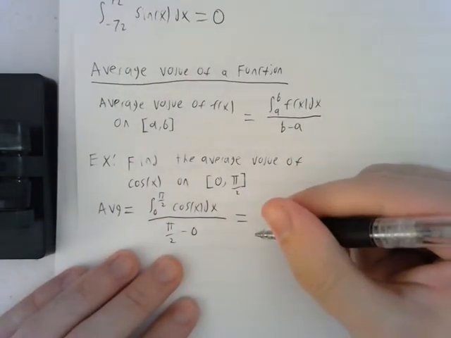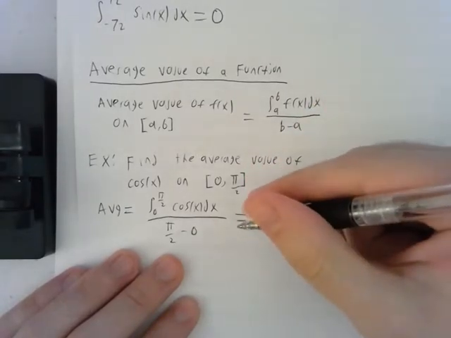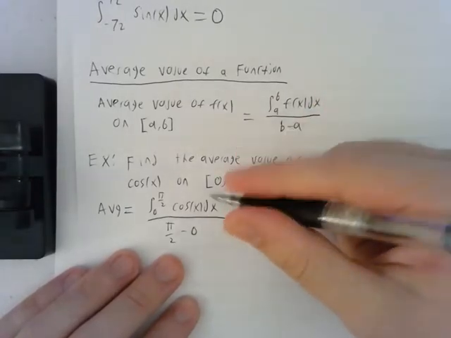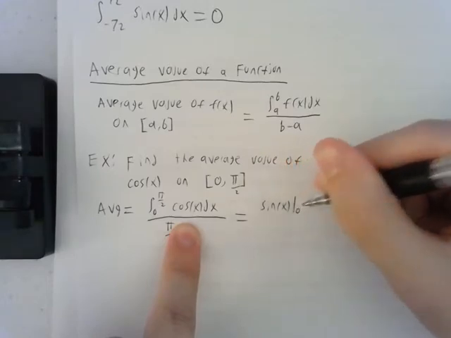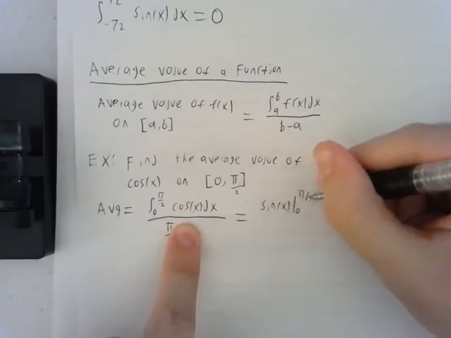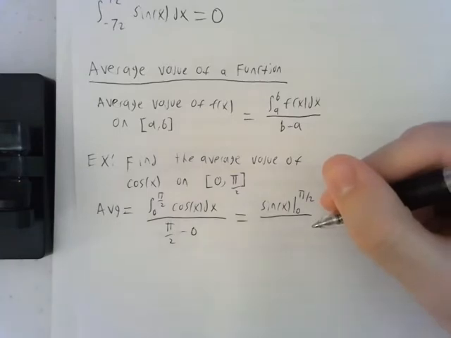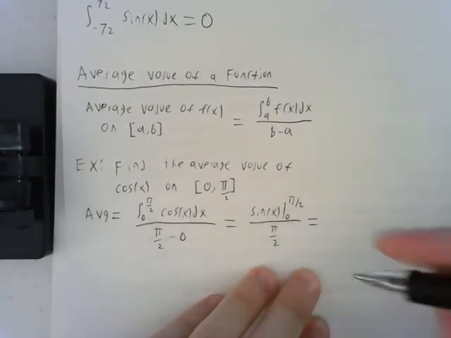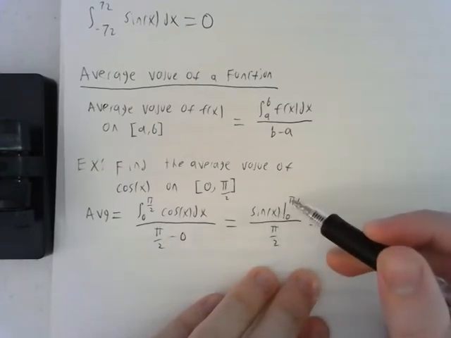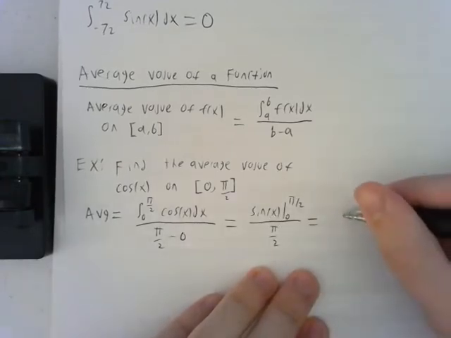If we find the antiderivative of cosine of x, that is sine of x. So we'll have sine of x from 0 up to pi over 2, and then we'll divide by pi over 2. Sine of pi over 2 is 1, sine of 0 is 0, so this just becomes 1 over pi over 2, which is 2 over pi.